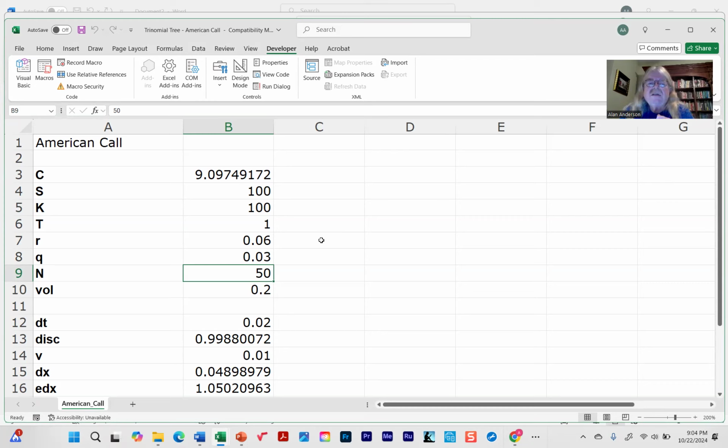But the idea here is that with the dividend yield, you'll see that eventually, as you keep increasing N, the American call will become more expensive than the European. But if you change this to 0, no matter how many time steps you have, the two of them will always have identical prices. Okay, so it's the kind of thing you can experiment with when you have code like this.